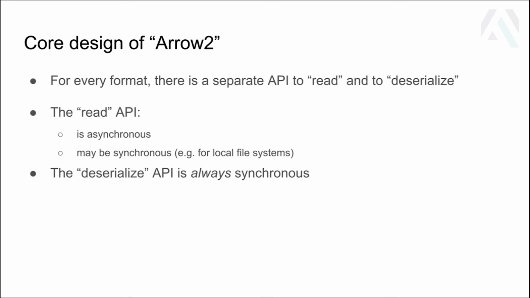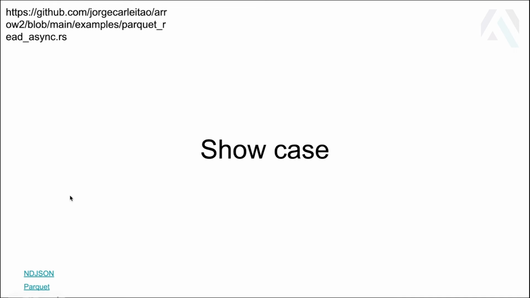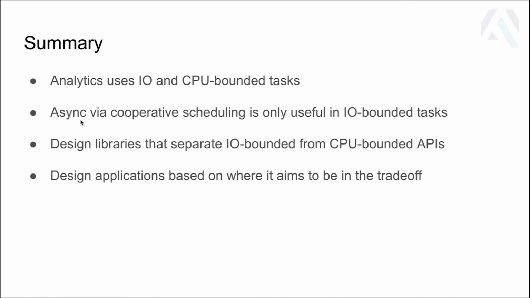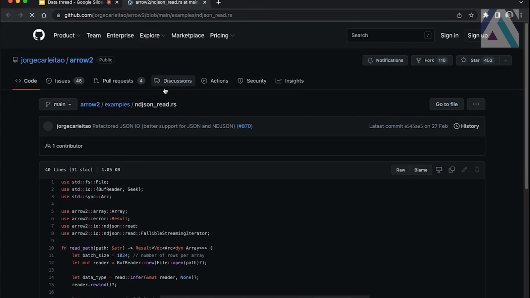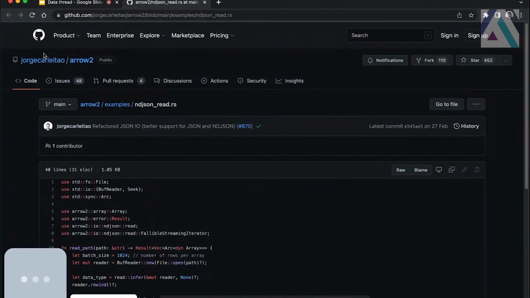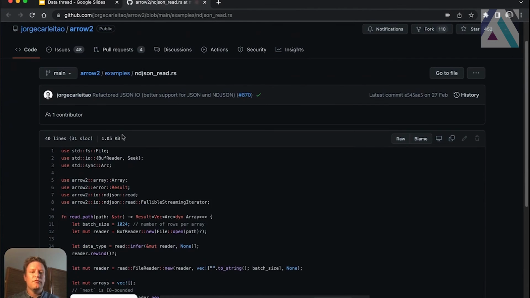To give you some examples, well, this should have been a link, like this one. I will just copy paste it and use it. Let's start with a simple example using NDJSON. So this is the repository. I'm not going very far with this.